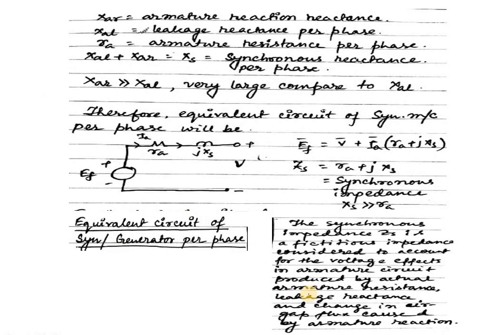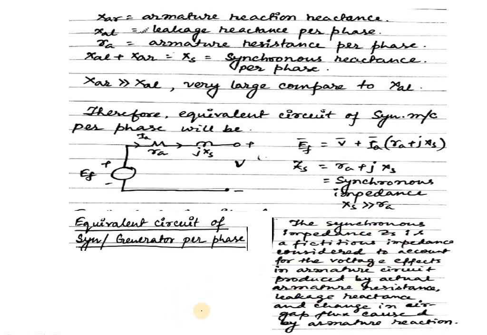So XAR is the armature reaction reactance, XAL is the leakage reactance per phase, and RA is the armature resistance per phase. XAL plus XAR is basically XS.